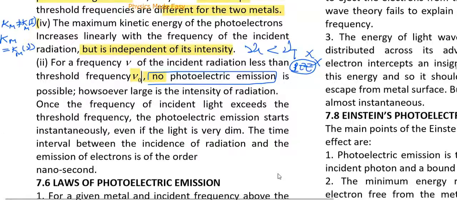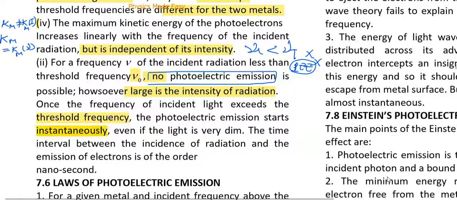Whatever may be the value of intensity, it's a very important case. It opposes classical mechanics. Once the frequency of incident light exceeds the threshold frequency, photoelectric emission starts instantaneously. This is a very important line.